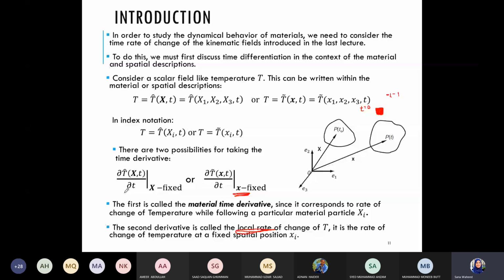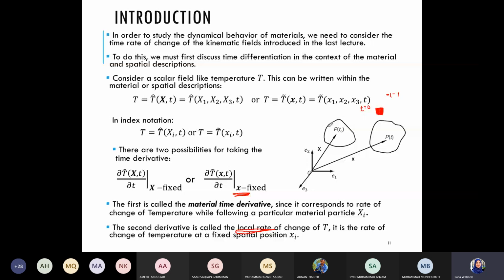Adan, there must have been some misunderstanding, because whenever we have talked about the material description capital X, we are always saying that if I represent anything with capital X, then I'm always referring back to which original particle it is, where it was sitting originally, and its temperature or anything that I'm describing.